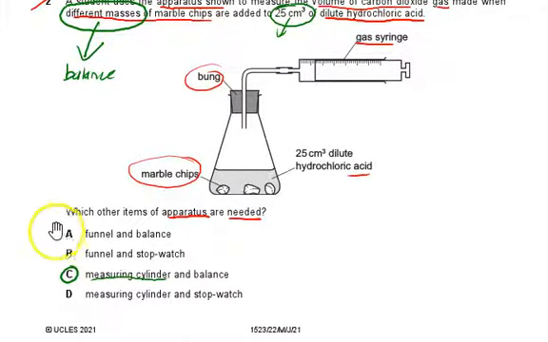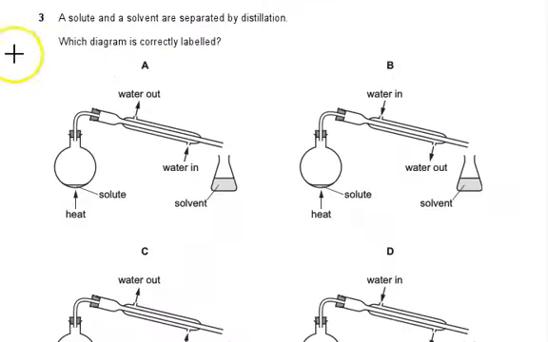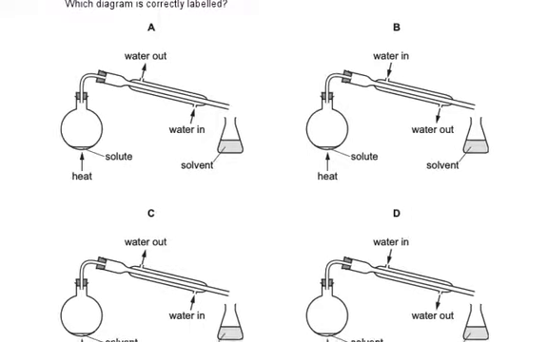Let us move on with number 3. A solute and a solvent are separated by the distillation process. Which diagram is correctly labeled? This is what we call a Liebig condenser.